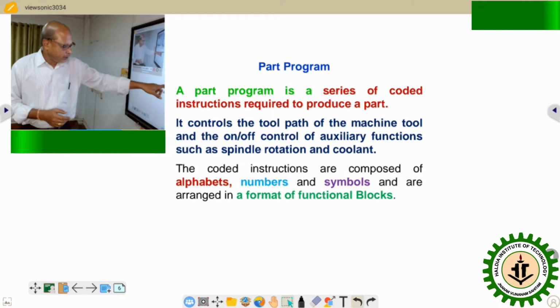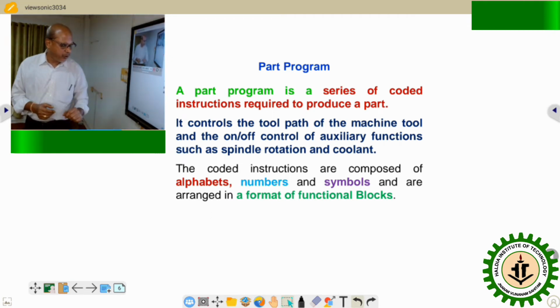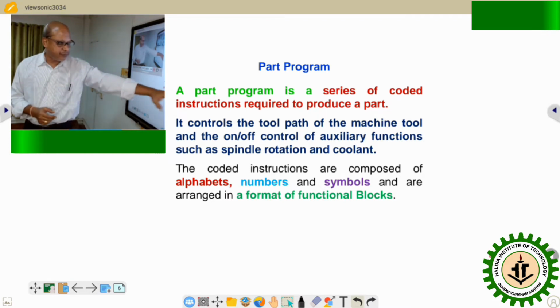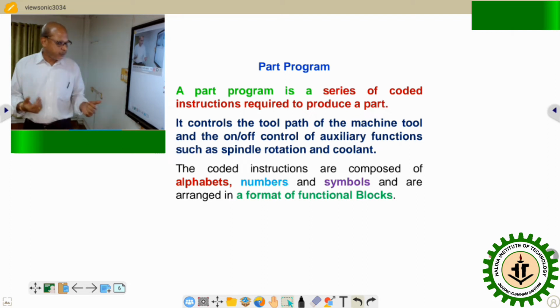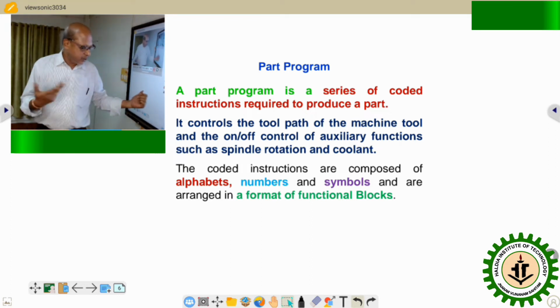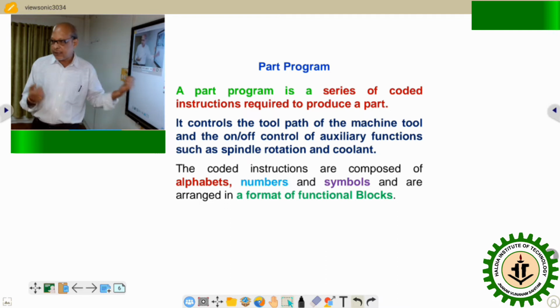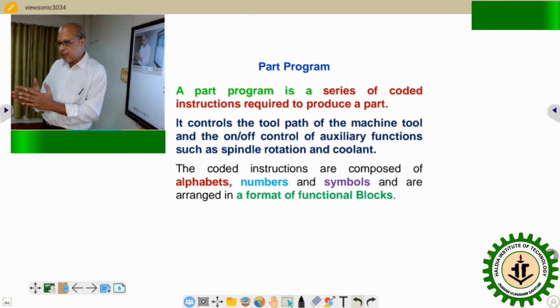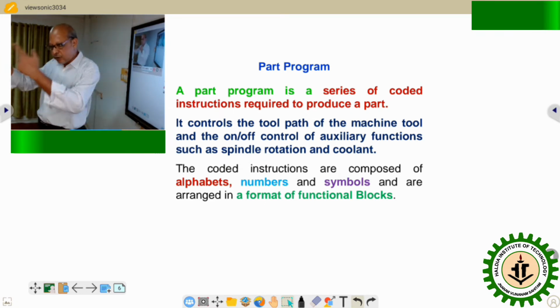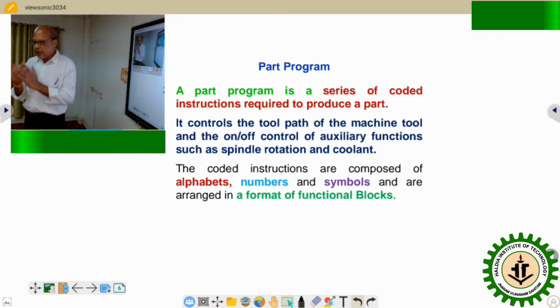The coded instructions are composed of alphabets, numbers and symbols and are arranged in a format of functional blocks. While preparing that part program, we have to consider what characters the system will accept. What is the composition? The very definition of NC or CNC we have talked about: as the name suggests, it is numerical control, that means control is effected by numeric values.